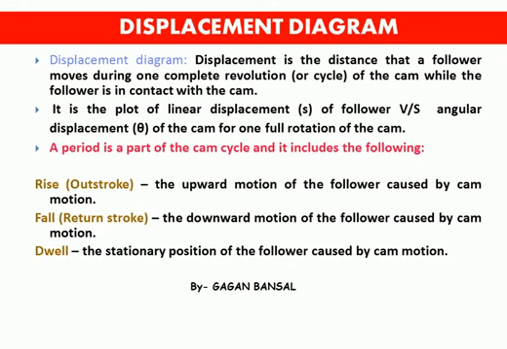That means during one complete rotation of the cam, there will be a certain rise, a certain pause, a certain fall. That is considered as the total displacement of the follower. Or we can say a displacement diagram is a plot of linear displacement of the follower versus angular displacement of the cam for one full rotation of the cam.